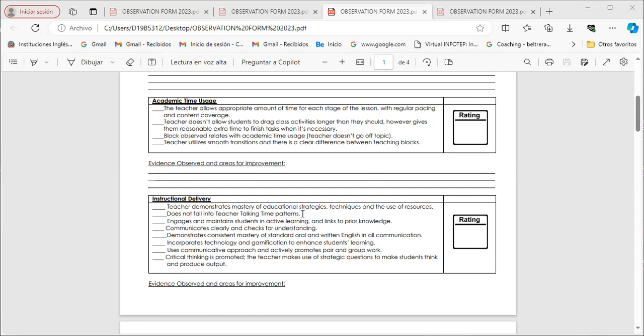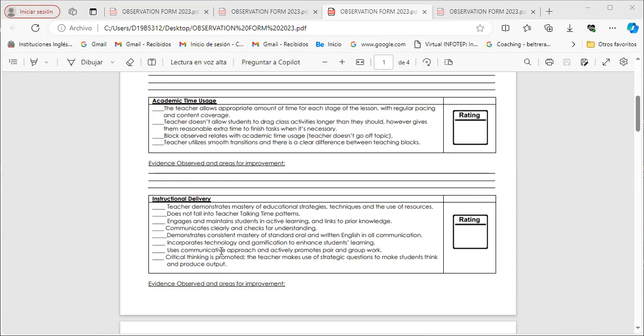But if you notice that the teacher speaks more and talks more than the students, then you don't check that. If the teacher engages and maintains students in active learning and links to prior knowledge, he connects the present class with the previous one and keeps students engaged, communicates clearly, and checks for understanding.